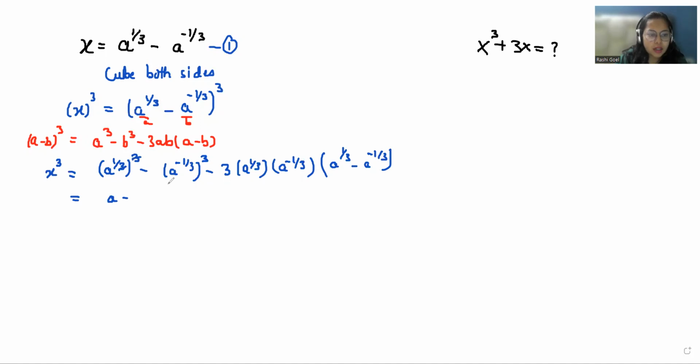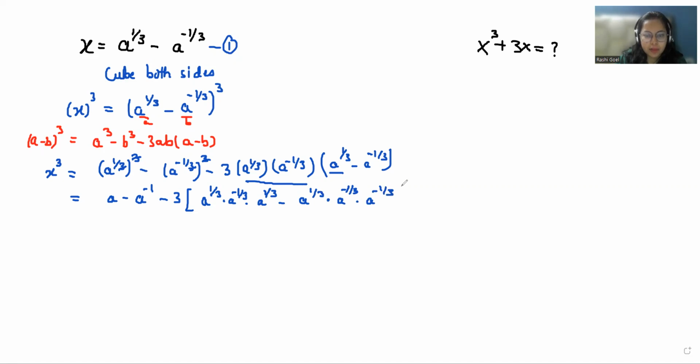So a minus, similarly here, a^(-1) minus 3, and in brackets we multiply the first number with the second number: a^(1/3) times a^(-1/3) times a^(1/3) minus a^(1/3) times a^(-1/3) times a^(-1/3).